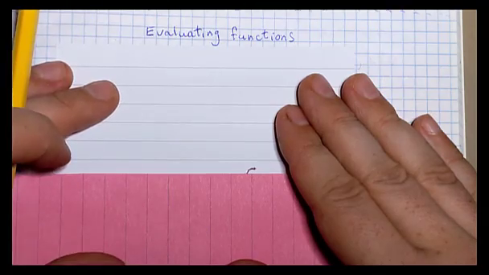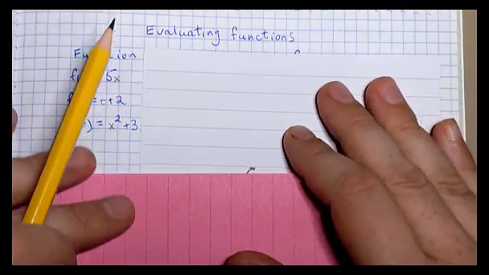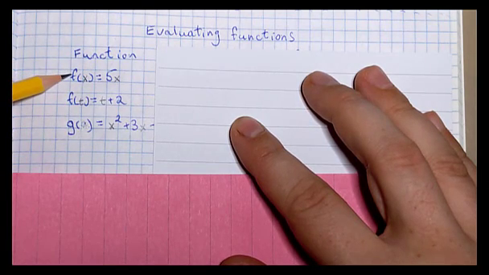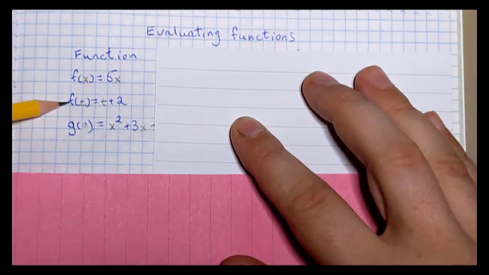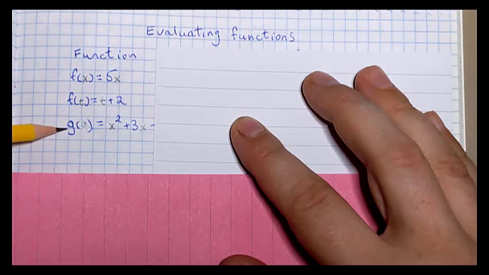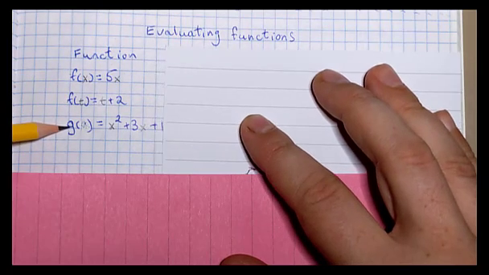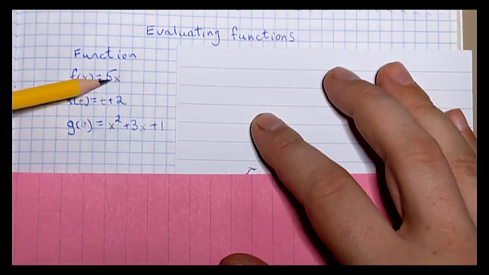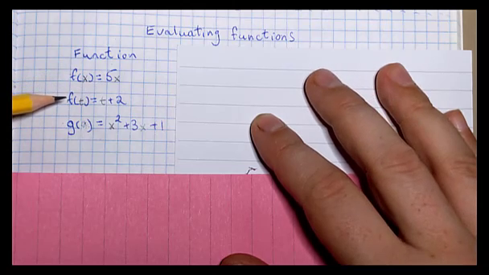value. So if we have the function f of x is equal to 5x, or f of t is equal to t plus 2, or g of x is equal to x squared plus 3x plus 1, I can always replace these variables with a specific value.